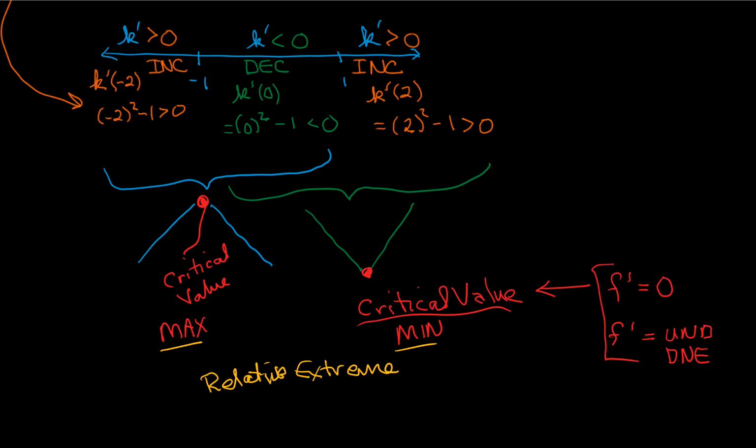So in this first case where we had this maximum, this point compared to everything around it is higher than everything around it. Okay. Similarly, if we look at the minimum, the location where the derivative is 0 is a relative extreme. It's lower than everything around it.